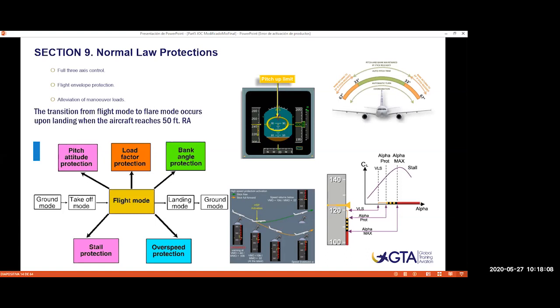This limitation that many years ago we had to do by ourselves, here we have protection to avoid. We cannot be less than -1 G or more than 2.5 G, depending also on the configuration. We have this protection that we cannot overpass. What happens with the bank angle protection? With the bank angle protection, we cannot bank more than 67 degrees of bank.